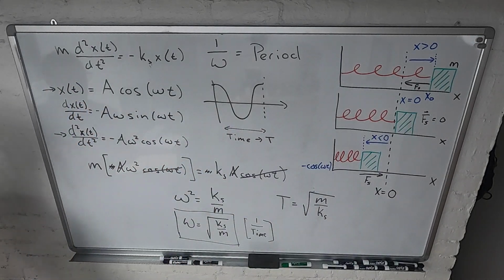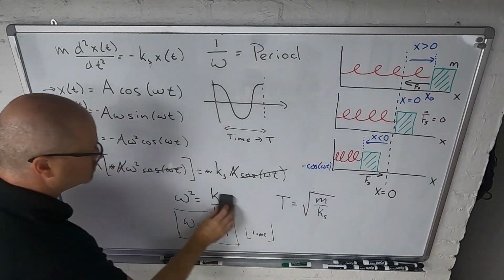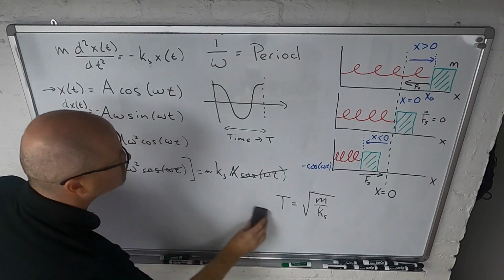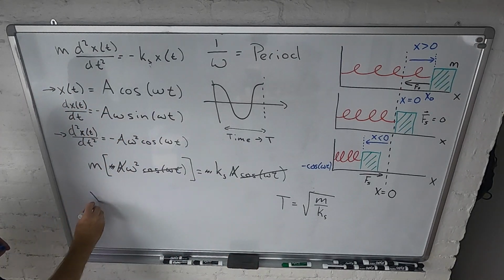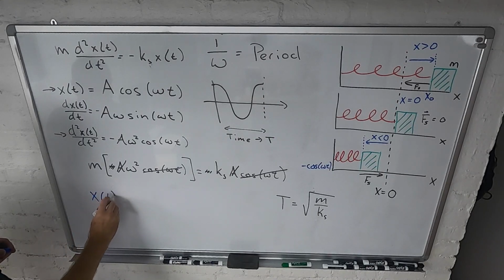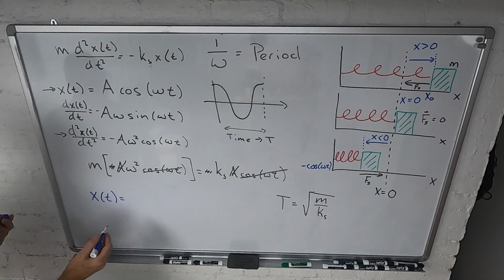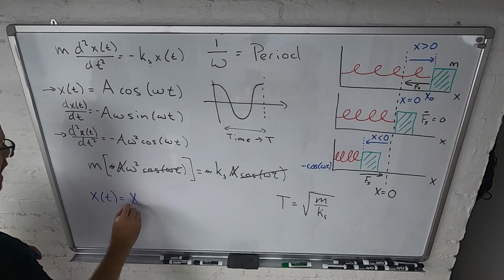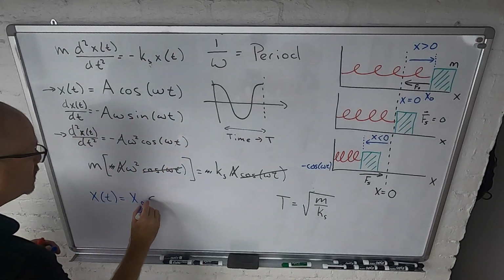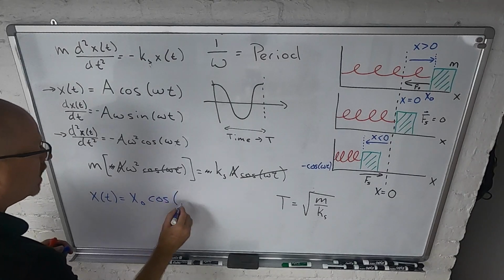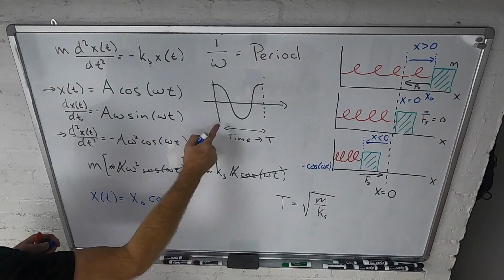So let's rewrite our position as a function of time. Okay, so x as a function of time for our spring mass system is my initial position, where I draw it to, the x0, cosine of, well, it's omega.